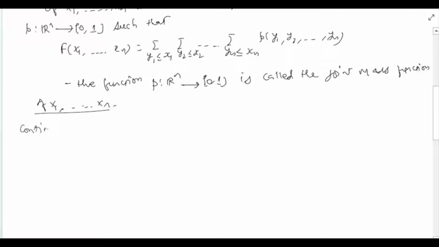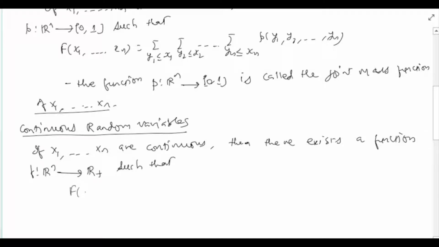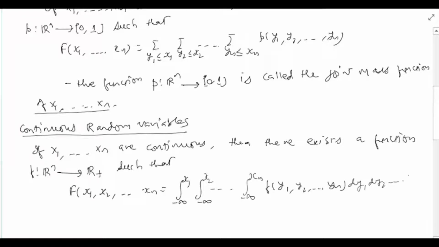Now consider continuous random variables. If X1 to Xn are all continuous, then also there exists a function f from Rn to R plus, this time it can take values larger than 1, such that the joint distribution F(x1, x2, ..., xn) can be expressed as the integral from minus infinity to x1, minus infinity to x2, ..., minus infinity to xn of f(y1, y2, ..., yn) dy1 dy2 ... dyn.